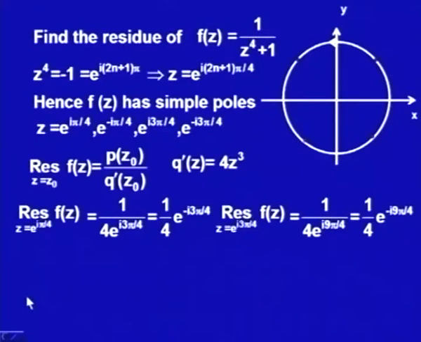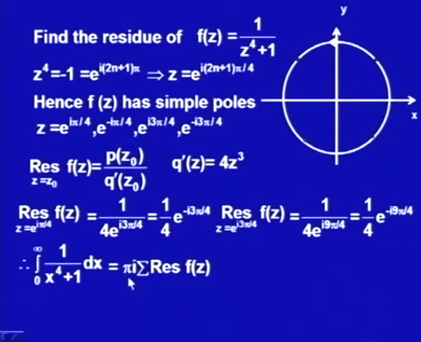Using our formula, the integral is equal to 2 pi i times the sum of residues at all the poles on the upper half plane. We have got 2 poles, both are simple poles, we had calculated the residues, add it up: pi i upon 4 times e to the power minus i 3 pi by 4 plus e to the power minus i 9 pi by 4.